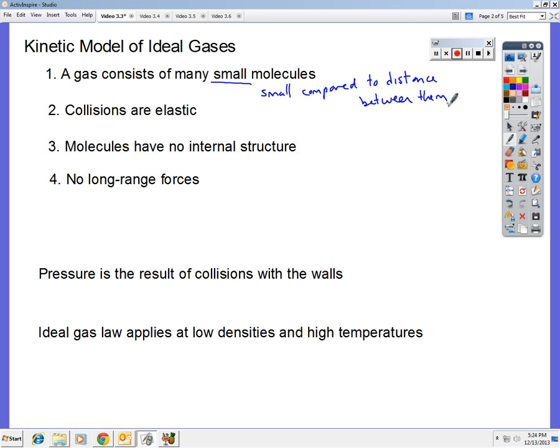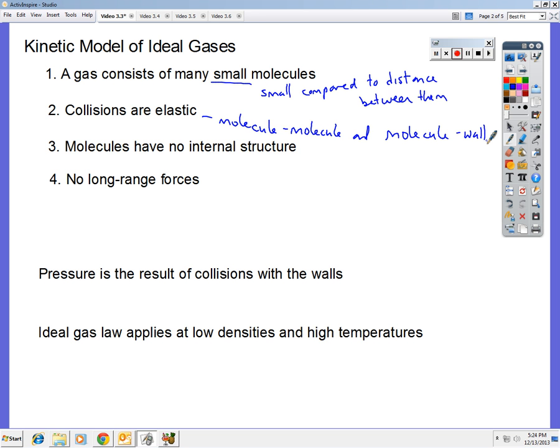The kinetic energy of the 2 molecules after the collision is the same as the kinetic energy of the 2 molecules before the collision. And that includes not only molecule to molecule collisions, but also collisions where the molecule collides with the wall.